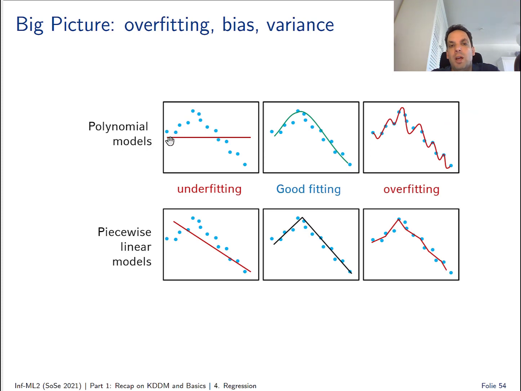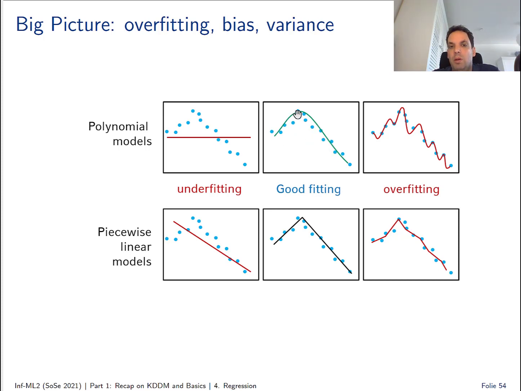Of course, we could have different models here for these observations. A linear model, for example, would be a classical case of underfitting, because the model is too simple to grasp the relationship between X and Y, the input and the output, because it's just not a linear thing here. So a polynomial model would be obviously better here.